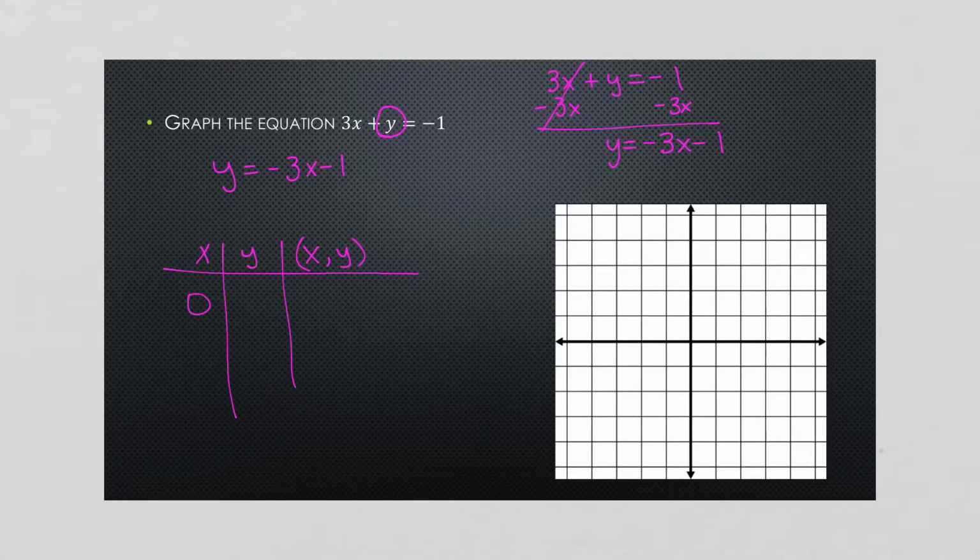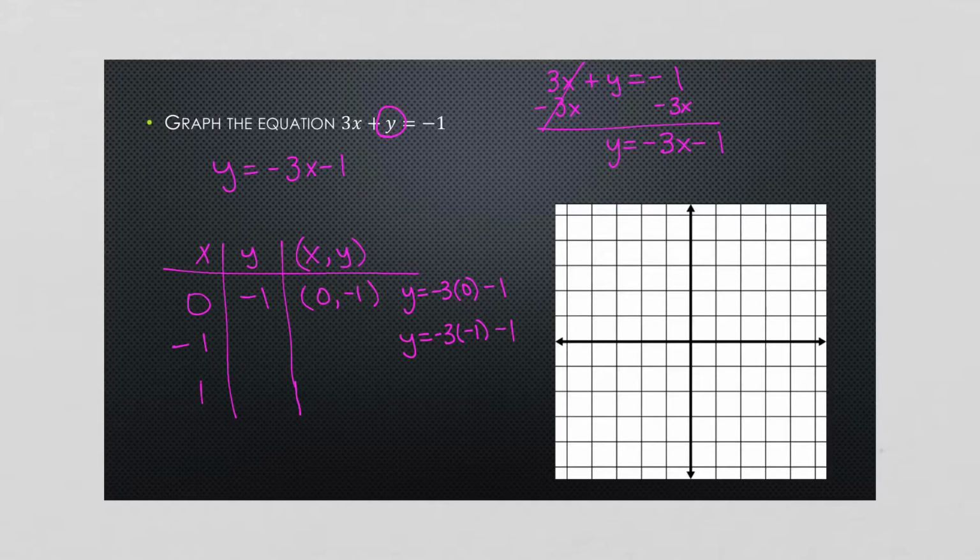All right, again, 0 always works. It's a great one. In this, I'd probably do maybe negative 1 and positive 1. So I've got y is equal to negative 3 times 0 minus 1, so I get negative 1 on that one. On this one, y is equal to negative 3 times negative 1 minus 1.